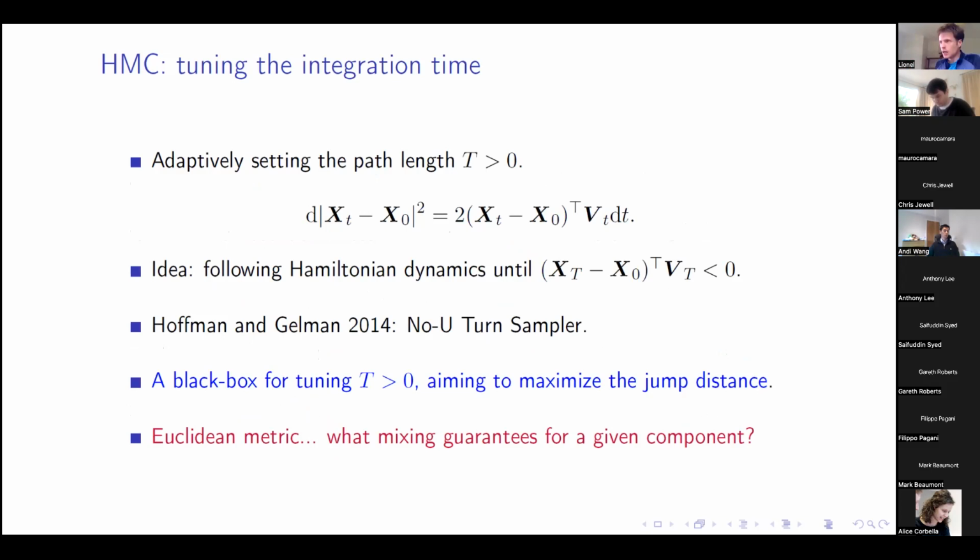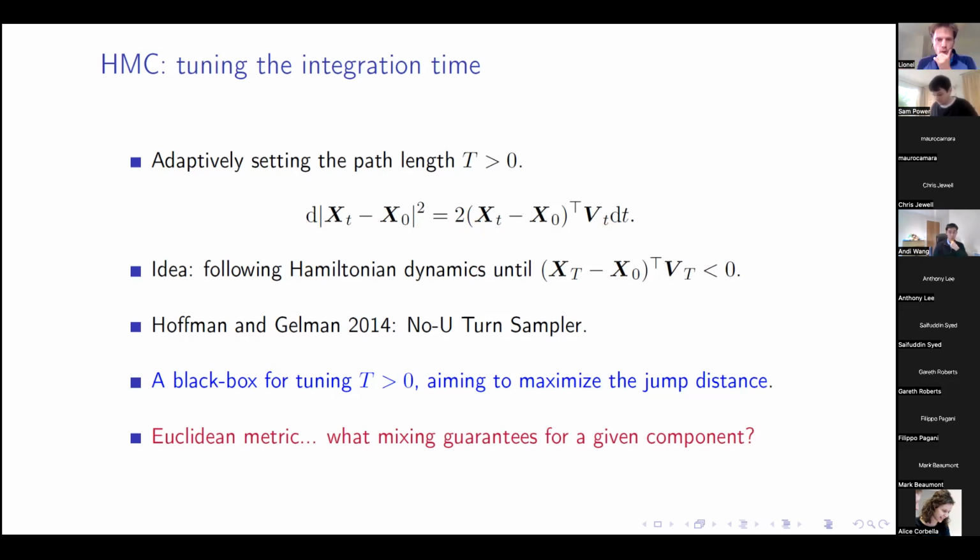So the first observation is that Hamiltonian dynamics are the solution of a certain ODE, and therefore we can also compute the dynamics of the square norm between x_t and x_0, right? And these dynamics are driven by a scalar product. It will increase if this scalar product is positive and decrease if this scalar product is negative, right?